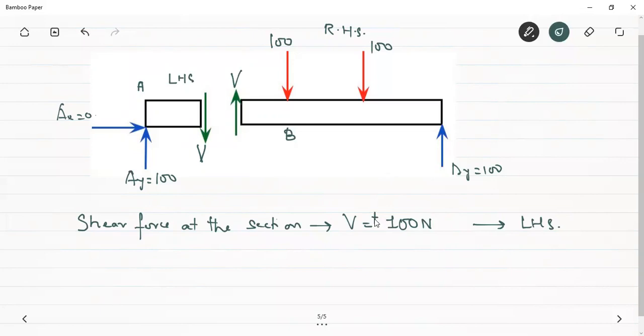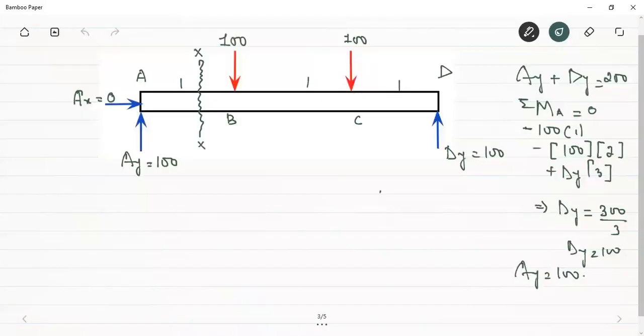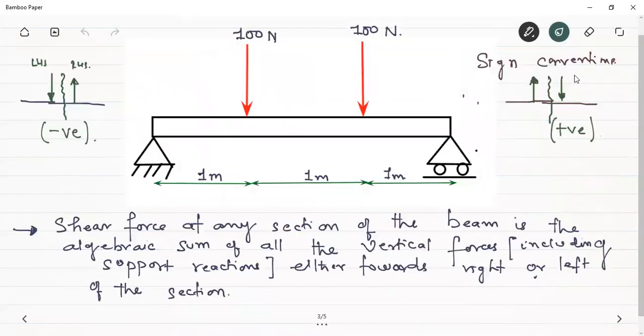Is this sign convention clear? So what I had written is, if this is the beam and I am considering a section, this will be the left hand side, this will be the right hand side. Just now I took an example. I cut a section and took the left hand side part of the beam.